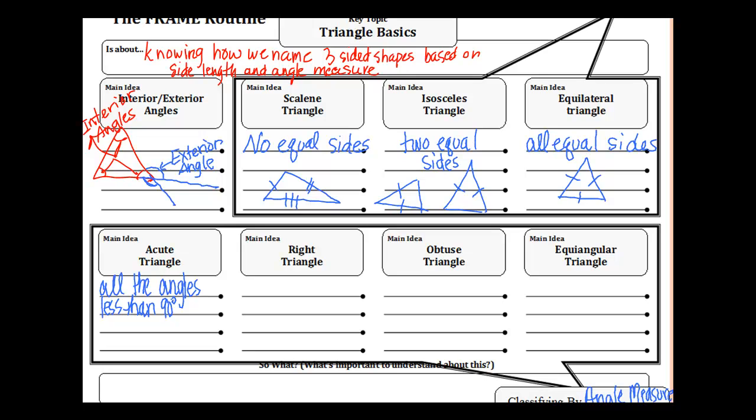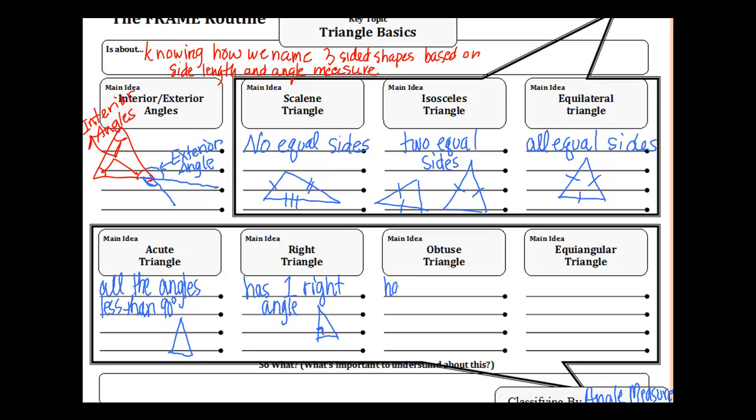Here's an example of an acute triangle. All my angles are less than 90. A right triangle has one right angle. This would be an example of a right triangle. I put that little box in there to show my right angle.